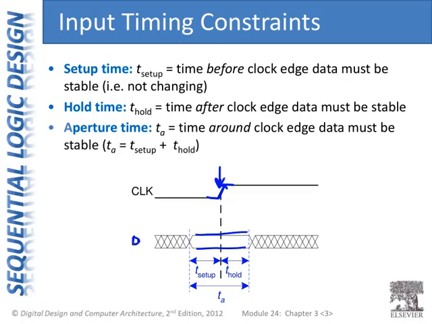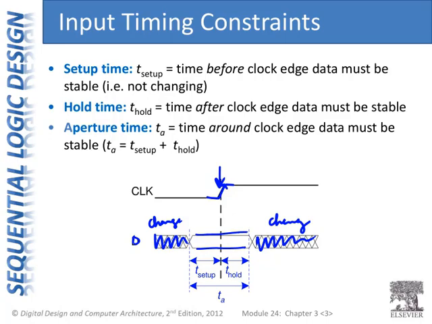But actually we want it to be stable around the clock edge too. These hash lines mean that D can change, transition high to low, low to high, whatever, outside of the sampling time, this setup and hold time.